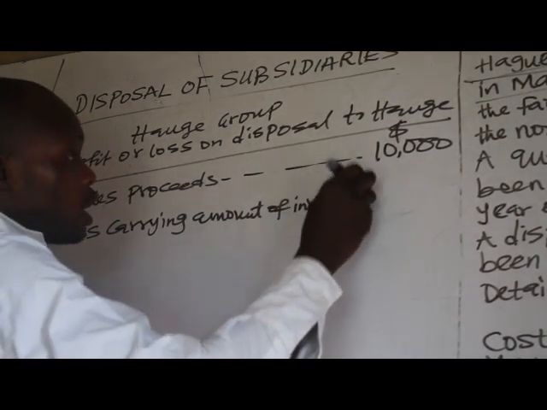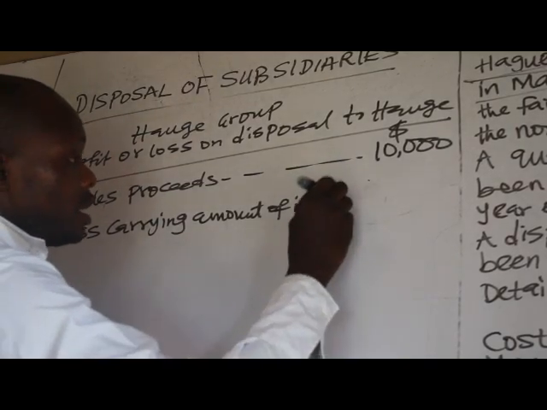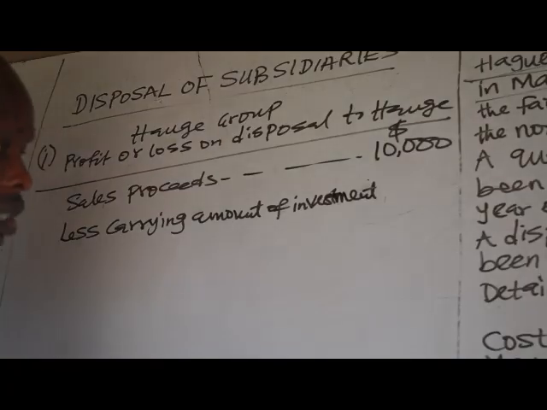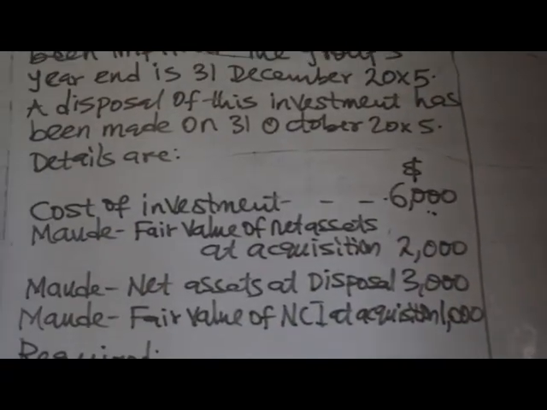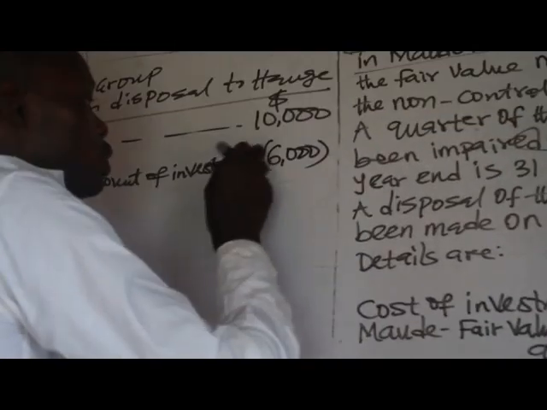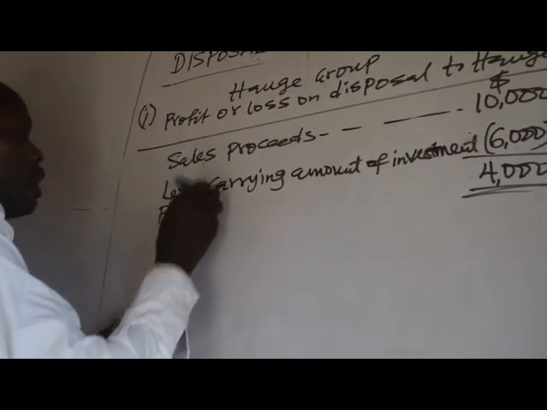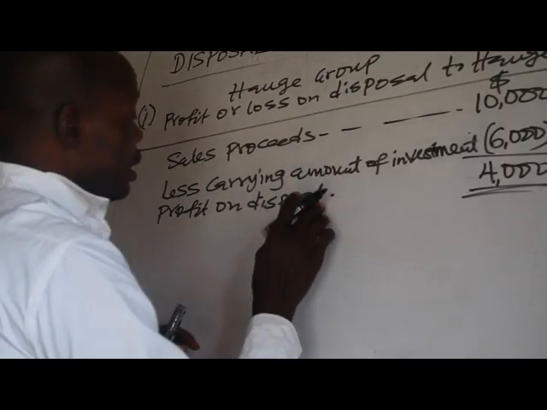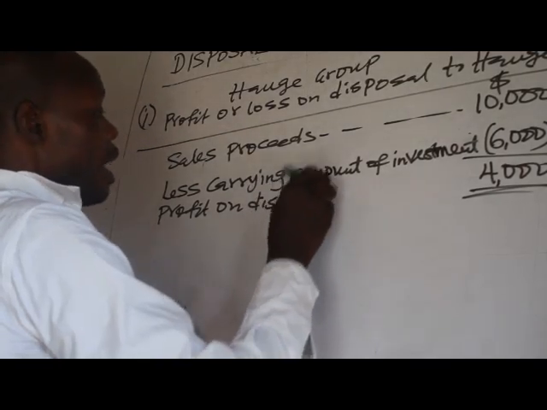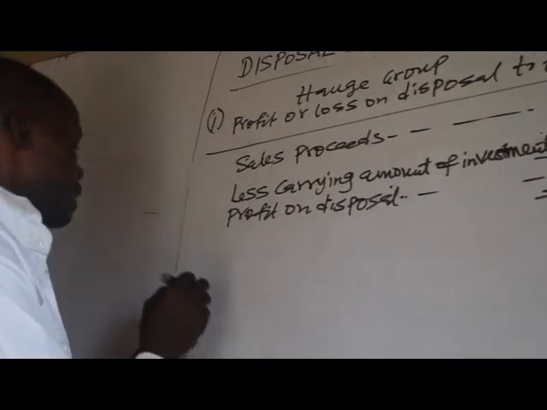How much was the consideration paid on acquisition of the subsidiary, which is the investment in subsidiaries? So the carrying amount, the cost of investment, is $6,000. If you deduct that cost, you have $4,000. That is the profit on disposal. This is the amount of profit on disposal that will appear in ACCA's individual financial statements.